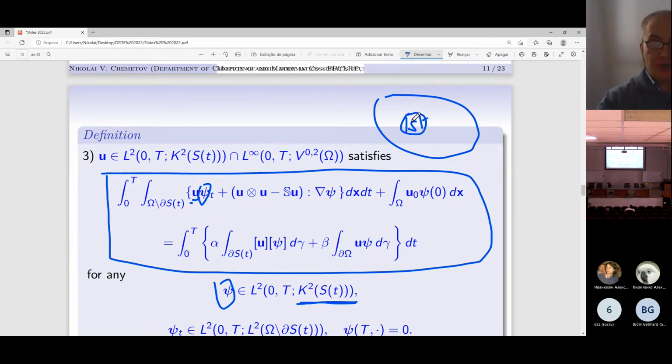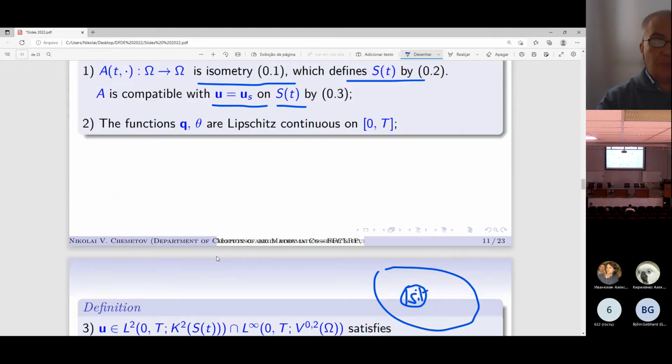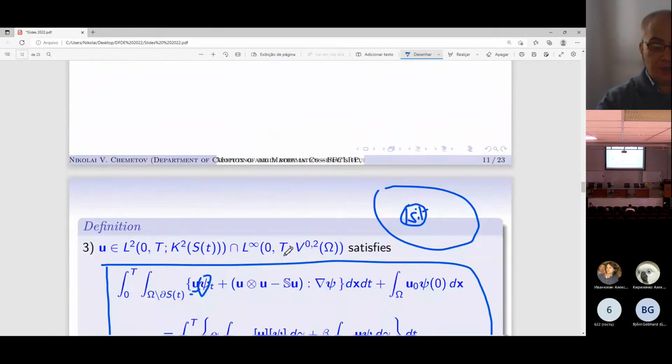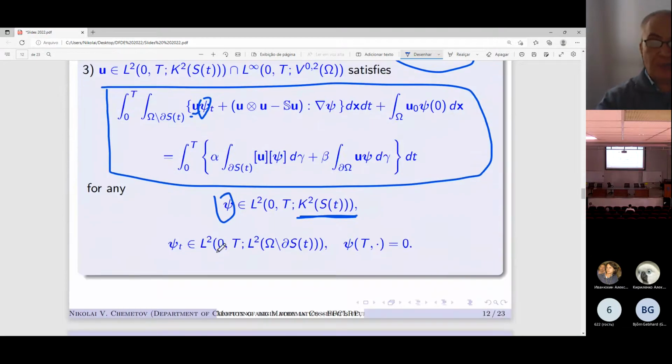coincide with the rigid velocity that I prescribed on the first slide. And inside of the solid, our test function also has to have the property of a rigid velocity. It means that the symmetrical part of the gradient of psi has to be equal to 0.